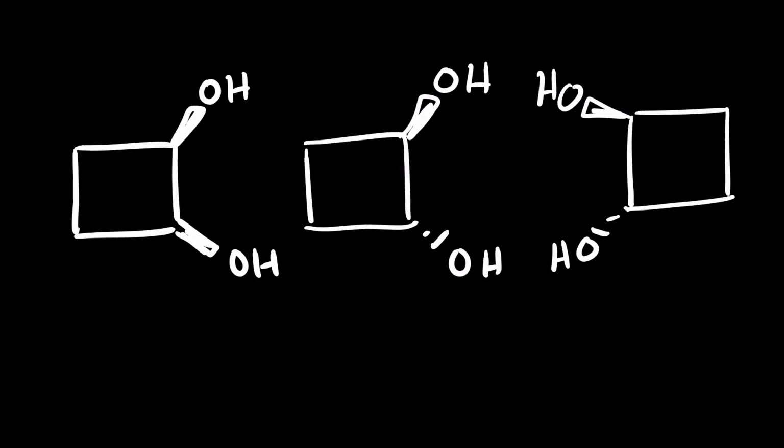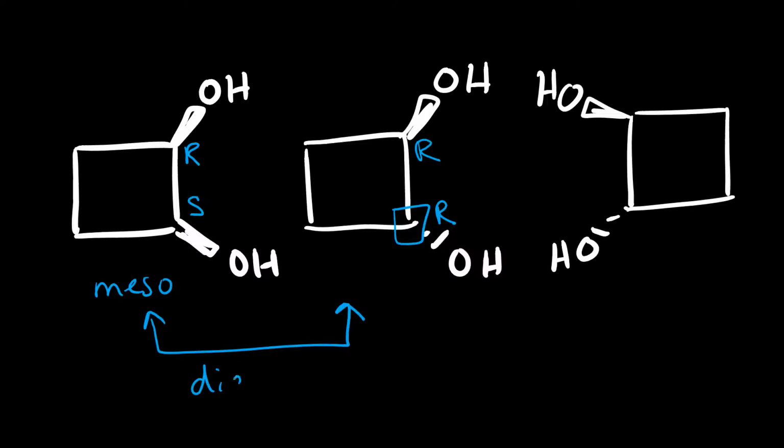So let's take a look at this again, the RS meso isomer. And now let's flip one chiral center. We'll invert it, and we will make it R, and we'll leave the other one alone, and it's still R. And the relationship between these two, because they're not opposite at every stereocenter, is that they are diastereomers.